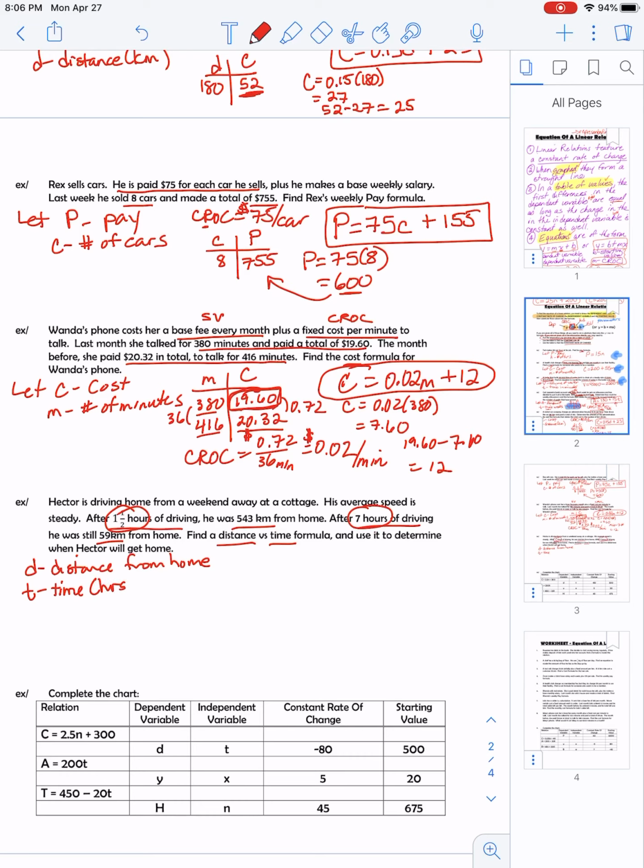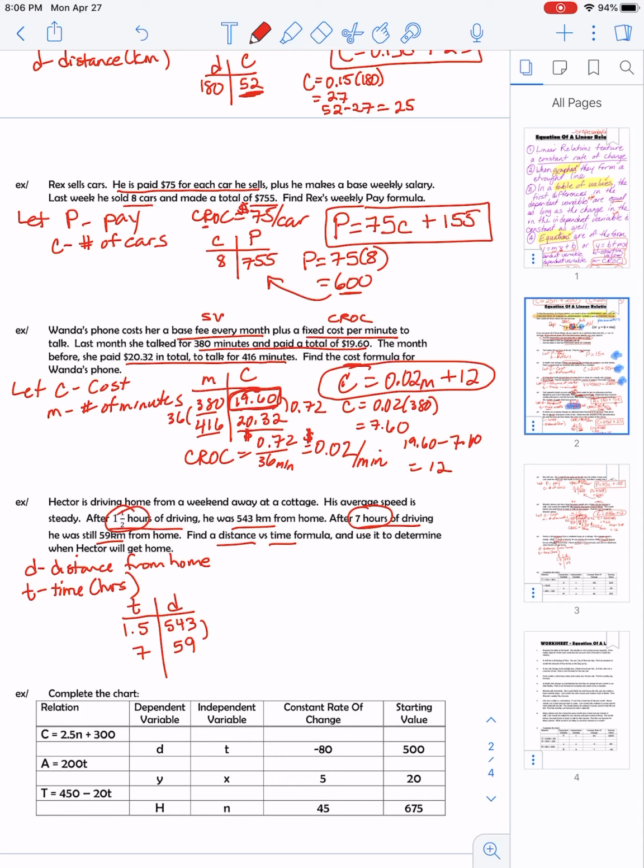All right, the table of values. This is time and distance from home. At 1.5 hours, he's 543 kilometers from home. And after 7 hours, he's 59 kilometers from home.